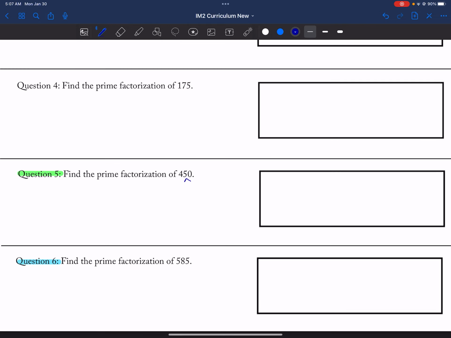And then 450, so 5 and 90, 5 and 45. No, not 5 and 45. I'm like, why does that not work out? That's my really early in the morning brain. I apologize.